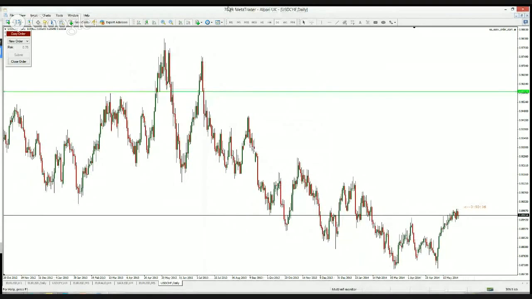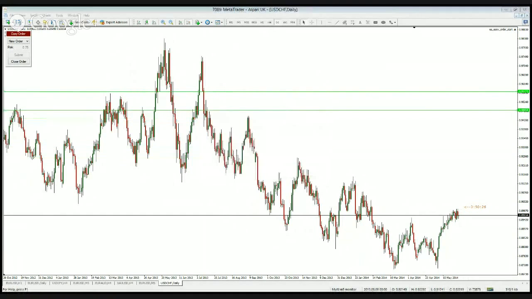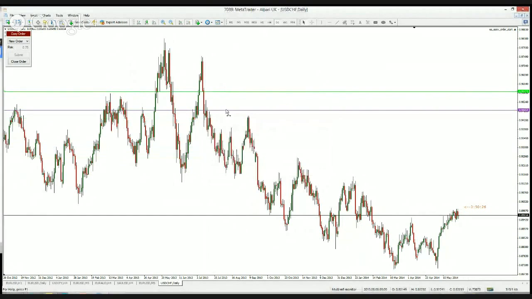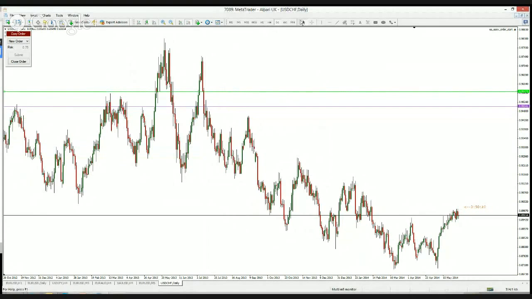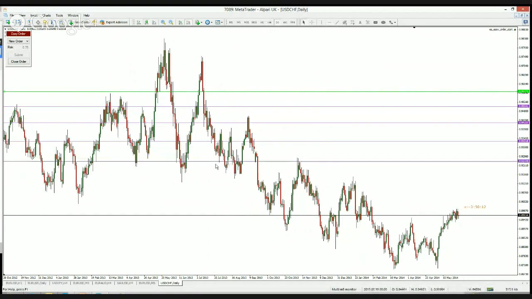Now what we could do is, instead of having a profit target here, use a strategy that says at this level I'm going to take out some part of my risk. At this level I'm going to take another part of my risk. At this level another part, and another, all the way to the bottom. Obviously, at some point you won't have any risk to take off anymore.